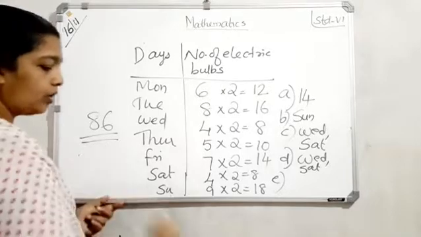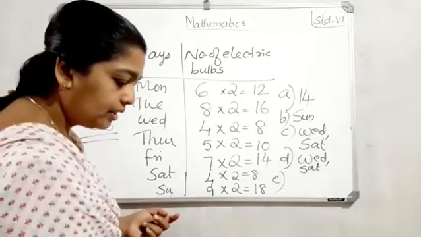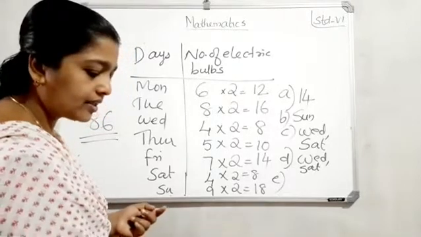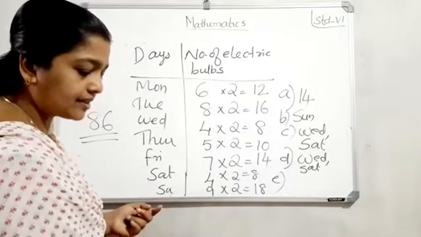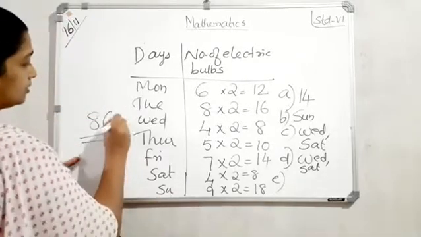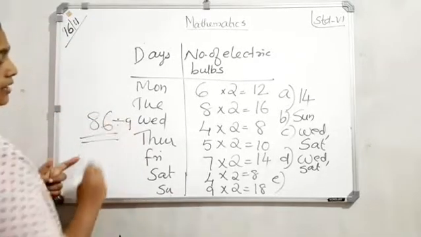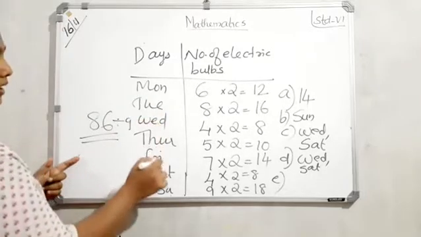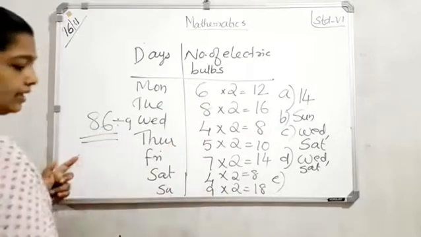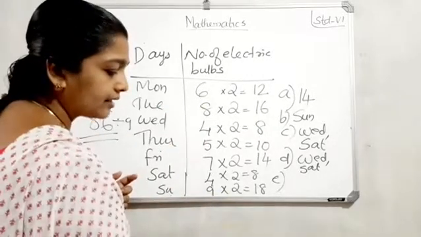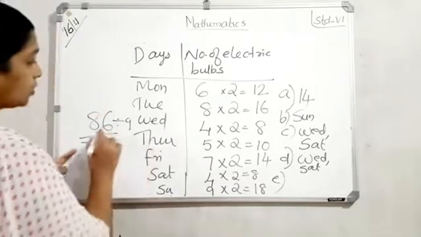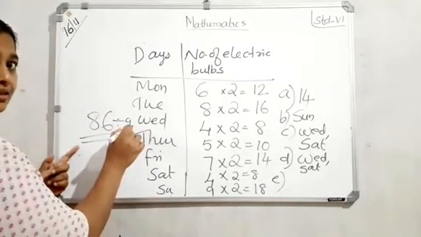The sale of electric bulbs on different days in a week, isn't it? Then total 86. One big curtain can hold 9 bulbs, given in that sentence 9. So total divided by 9. Understand?